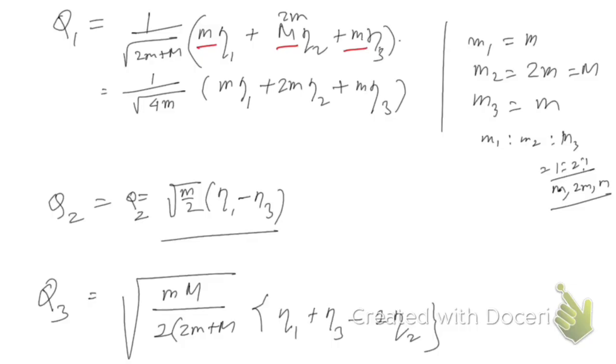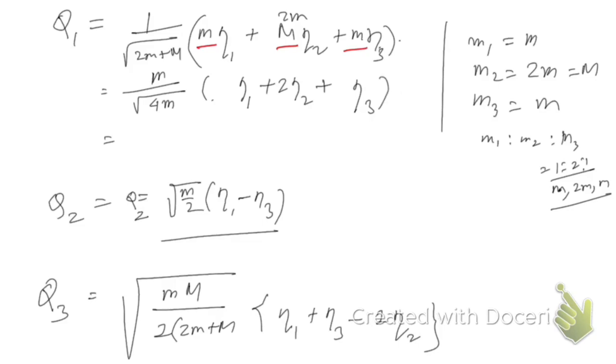So if we do that here, this capital M is replaced by twice m, then twice m plus twice m is 4m. So that is what I have written here, 4m. Then you can take this m as common, and within the bracket we end up getting this. So m is taken common now.